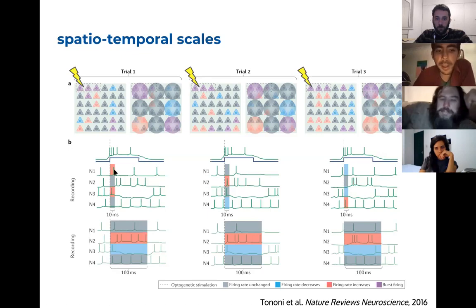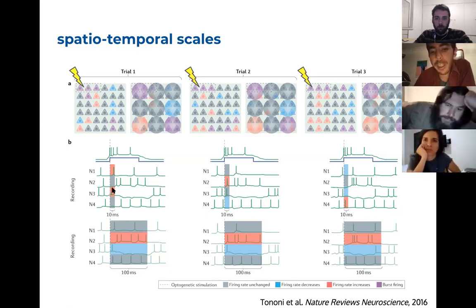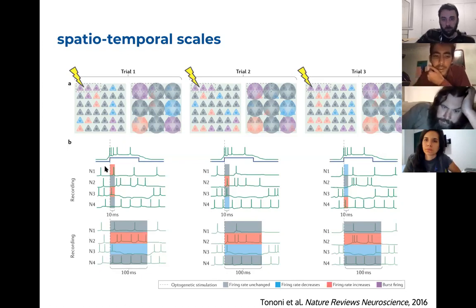And the same thing for time scales. If you look at the system at really long scales, like every second, you lose all information. If you sample it at the wrong time scale, you might get either too much noise or too little. Take, for example, this time series of different neurons.